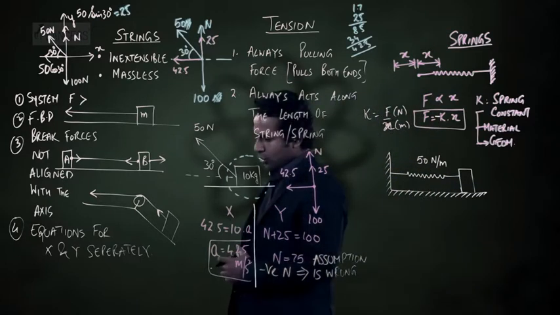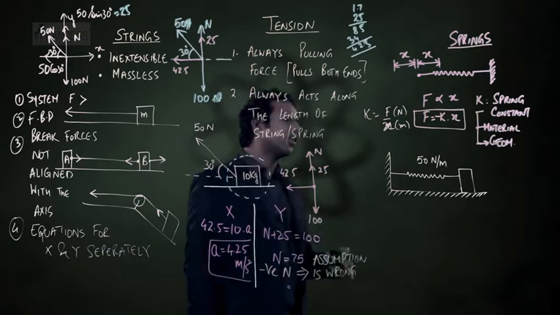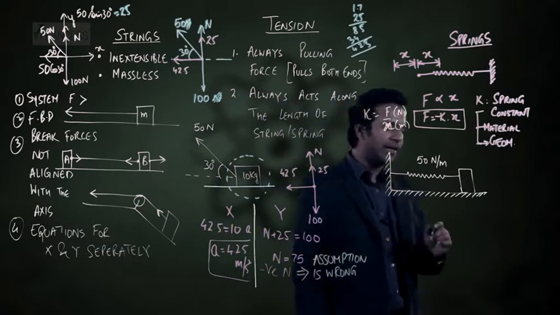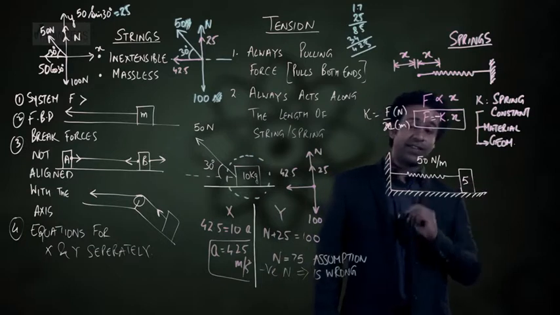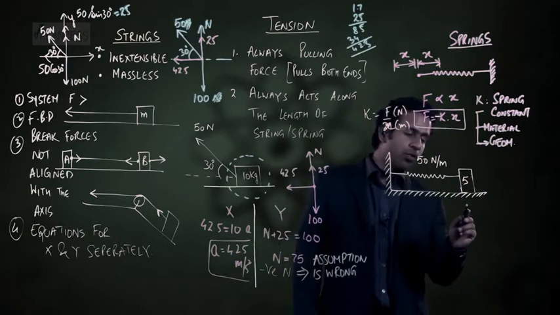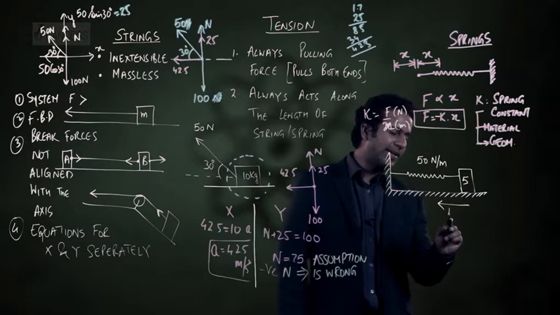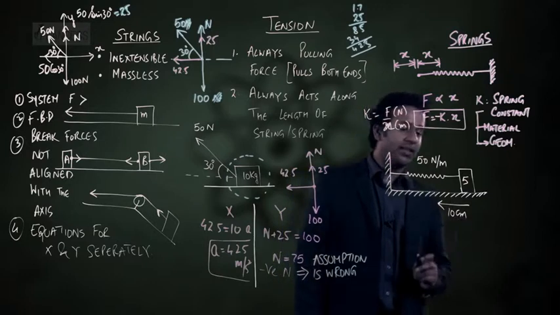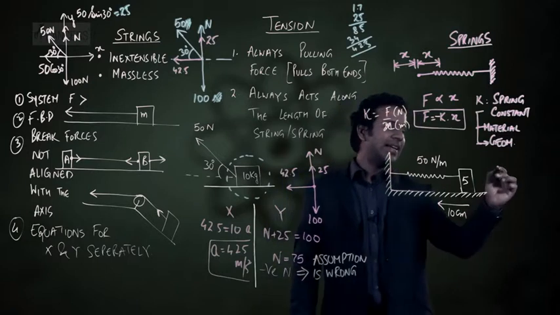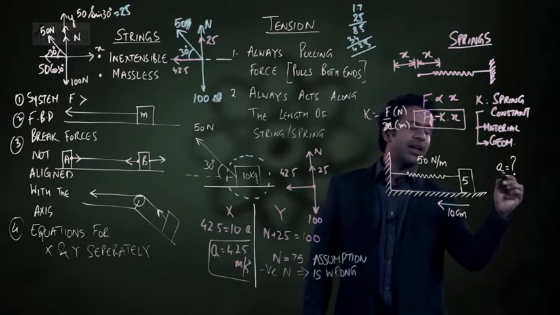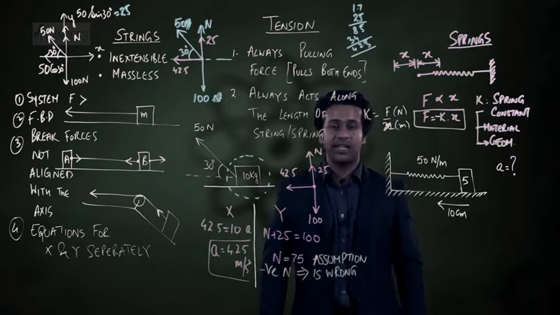Right. So this spring, which has a spring constant of 50 Newton per meter, has a block attached to it which has a mass of 5 kg. So we move this block inwards by 10 centimeters and then release this block. You have to find the acceleration of this block right after the block is released.